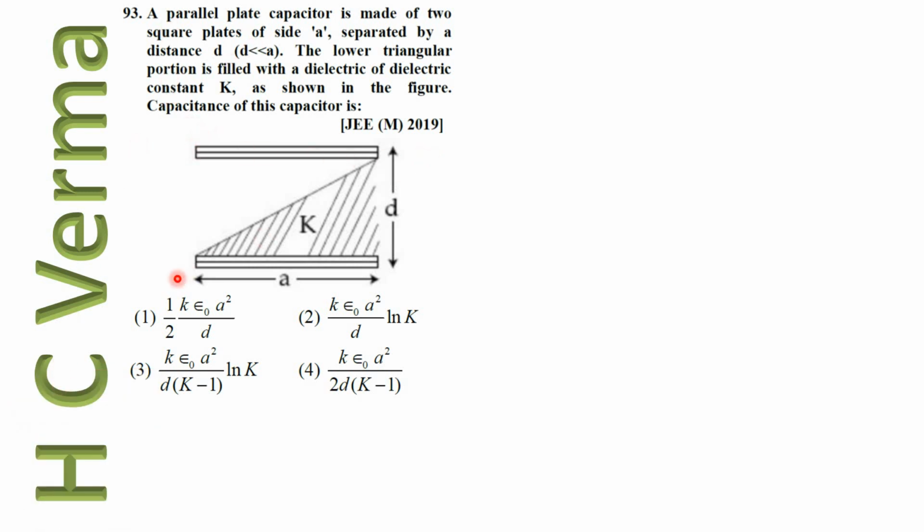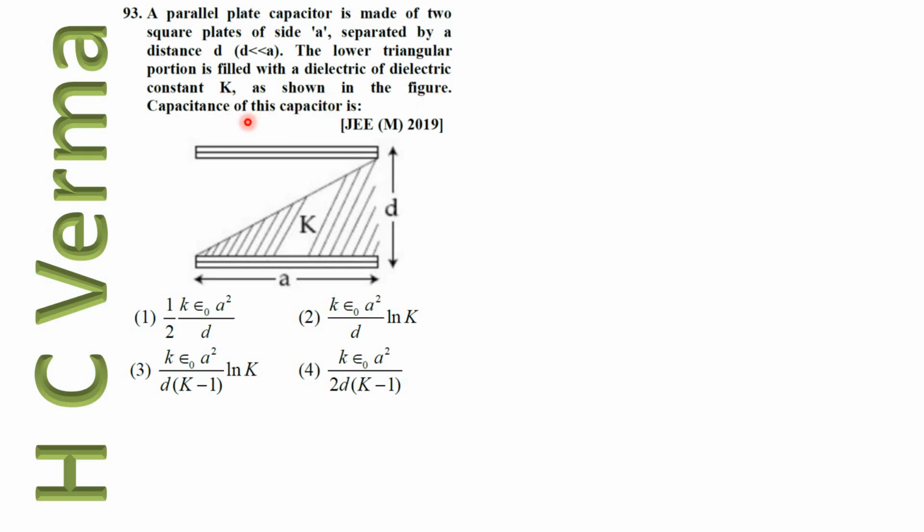Two square plates, side equal to a, separated by distance d, which is much smaller as compared to a. The lower portion of the capacitor is filled with a triangular wedge dielectric of dielectric constant K.